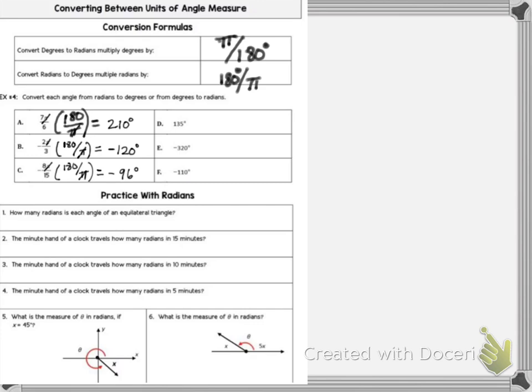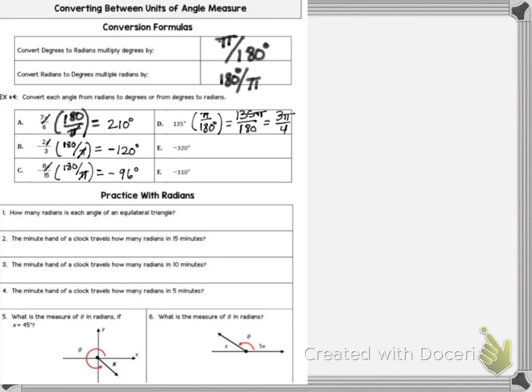So I'm going to multiply 135 by pi over 180 degrees. I get 135 pi over 180, but I need to reduce that to 3 pi over 4.